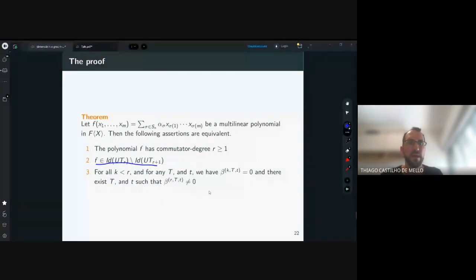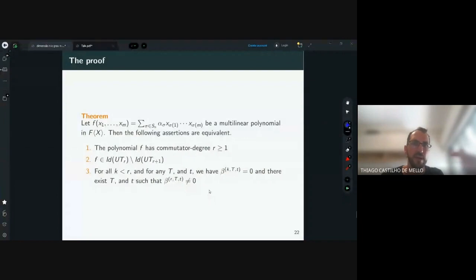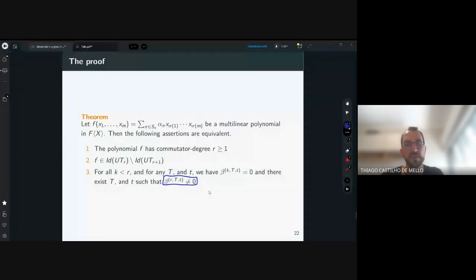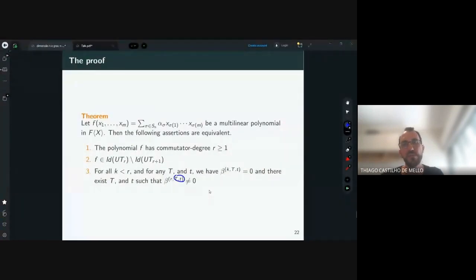So these are equivalent. F has commutator degree R if and only if it's an identity of this and it's not an identity of this, if and only if all those coefficients are zero for k smaller than R, and some coefficient of this type is non-zero for some choice of partition when you consider the number of parts being R. Okay?